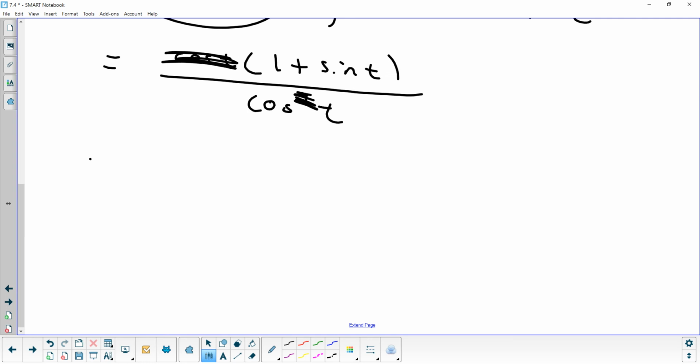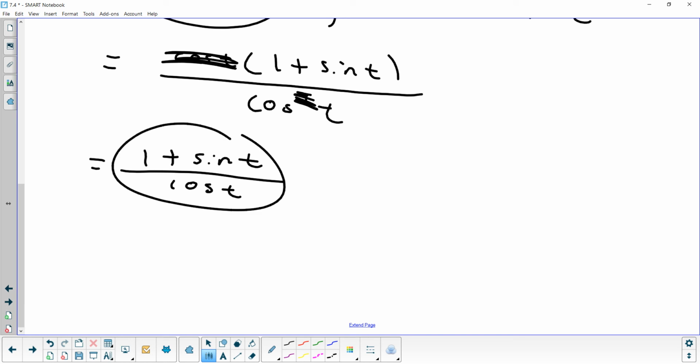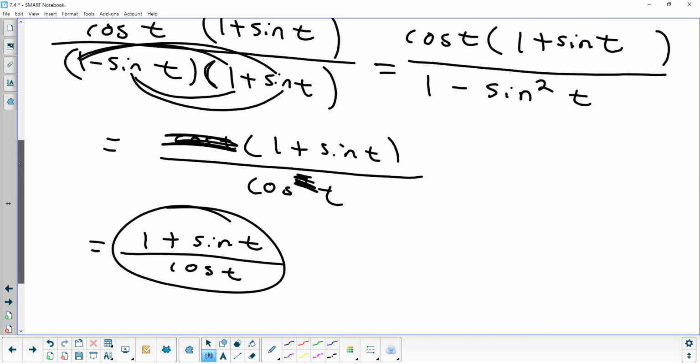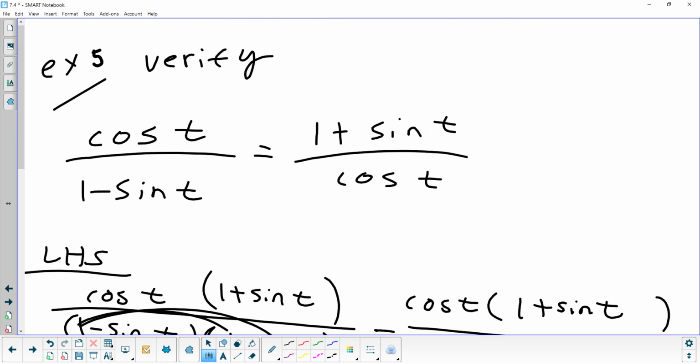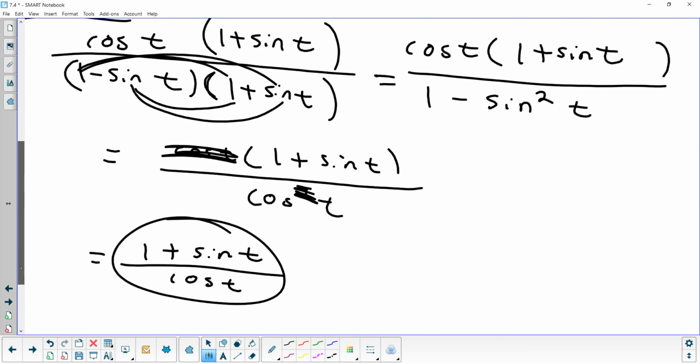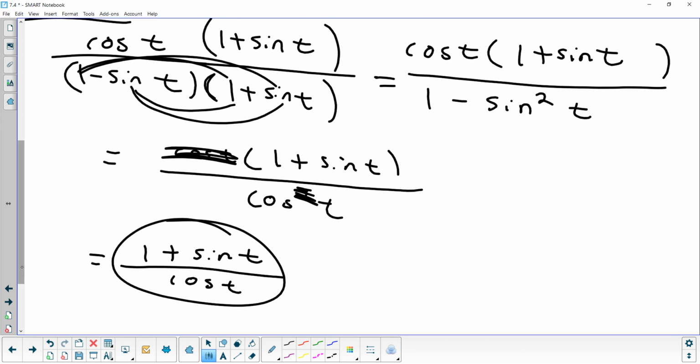And look what you're left with: 1 plus sine over cosine. So anytime you see conjugates, distribute those first, and then hopefully it magically cancels out something else in the problem that now you don't even need to think about.